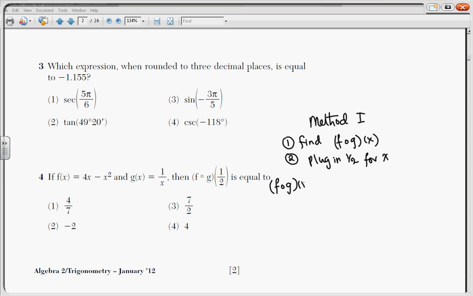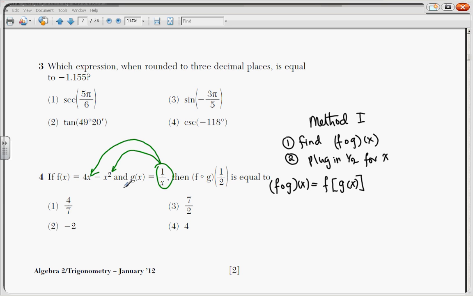Well, this simply means that you're going to take g as your input into the parent function f. You take all the x's from f and replace them with g of x. So you're going to substitute g into all the x's in f. We're going to input g into this x right here, and then into that x right there.